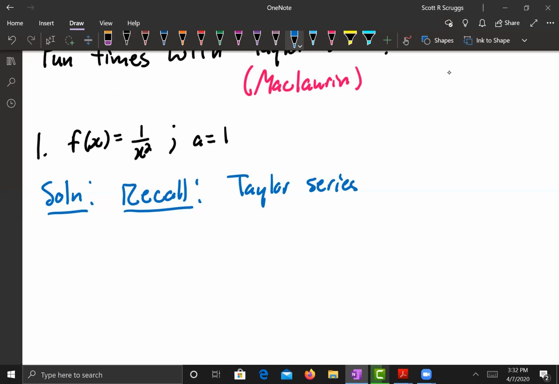So the general form for a Taylor series is the sum going from k equals 0 to infinity. Now, just like a power series centered at a, I do still have the x minus a to the k power component. So that part's still the same from a power series.